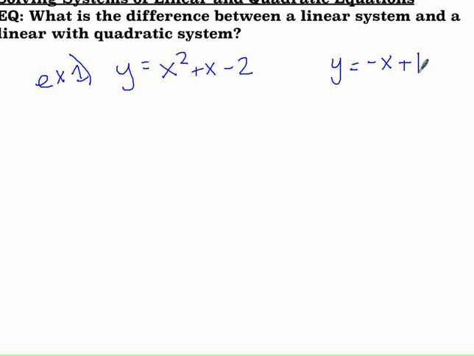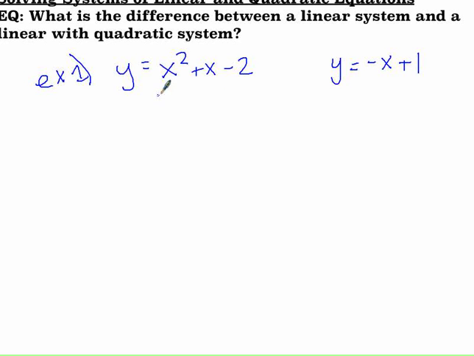So for example, we'll start with Example number 1. Let's say that we've got y equals x squared plus x minus 2, and then we've also got y equals negative x plus 1.